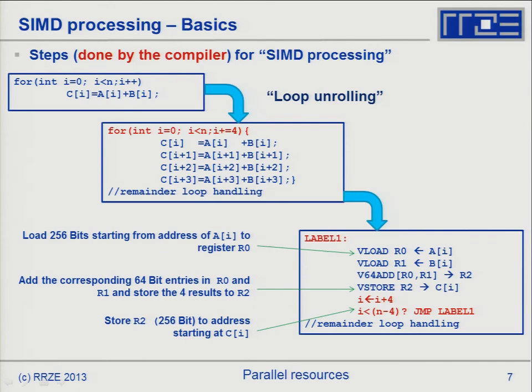And then we store R2 back to memory using a store instruction, using the address C of I. And then, of course, we need to advance the loop counter by the SIMD size, in this case 4. And, of course, there's the branch to check whether we have reached the end of the loop. Okay, so that's what the compiler has to do in this simple case for vectorizing the loop.